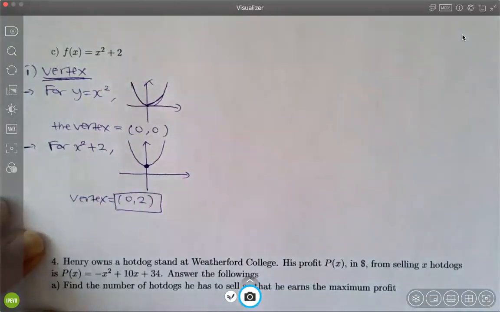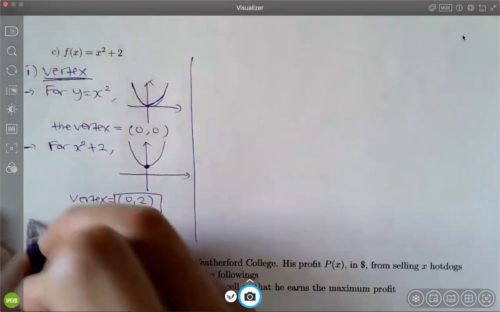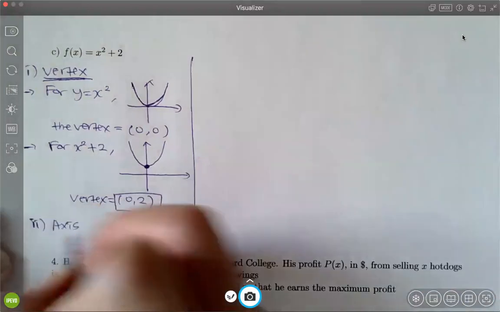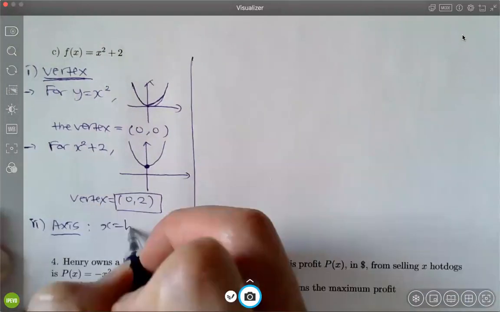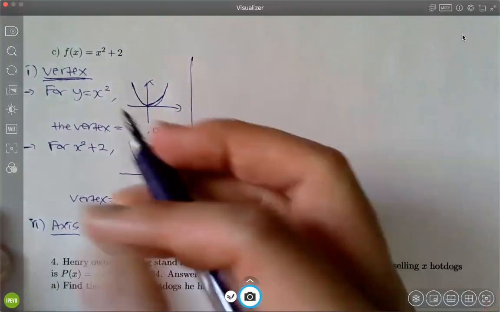Okay. So now that's the vertex. And what is the axis of symmetry? So the axis of symmetry is x equals h, right? And here, what's the h value? 0, right?